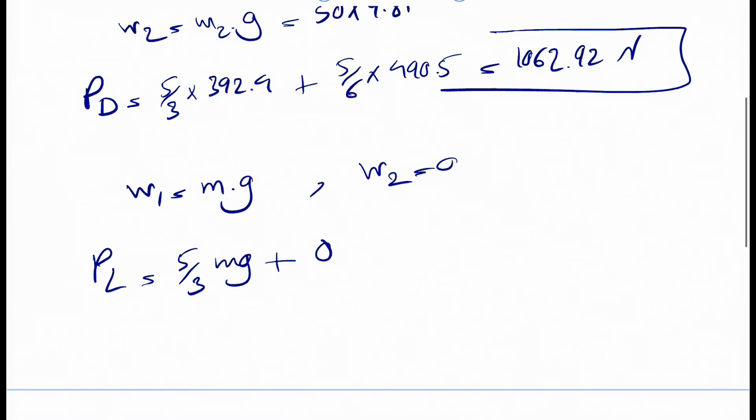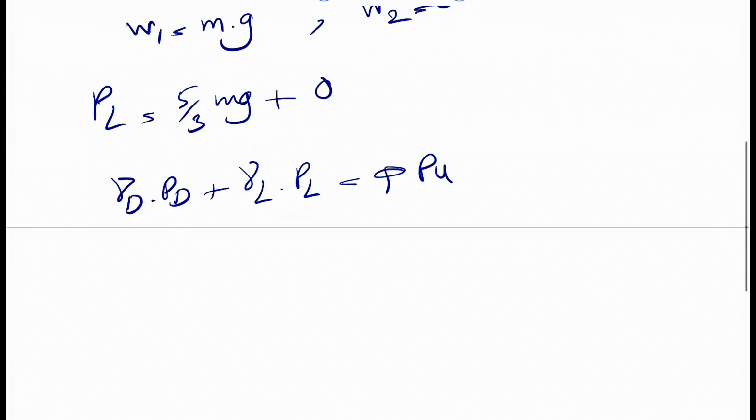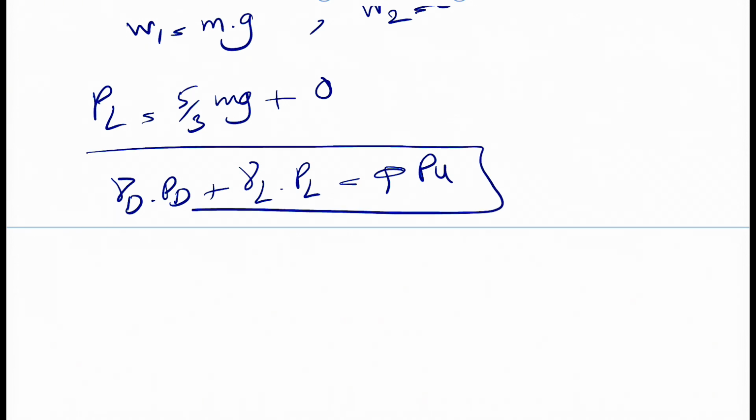So now that we have these two, we're going to go to our load and resistance criterion. We had a formula in here, and the only thing that is missing in here would be our PL. So what we're going to find from this design criterion is the PL.